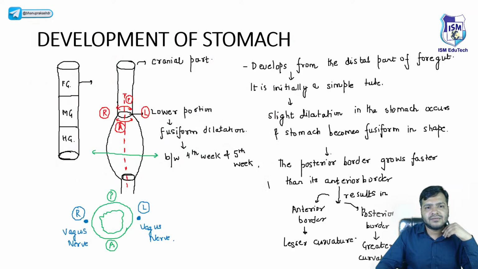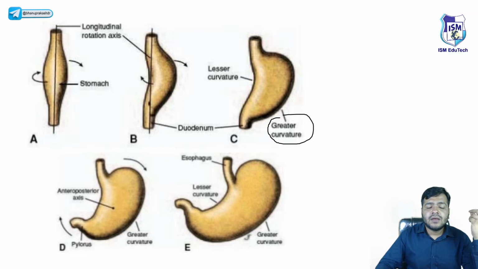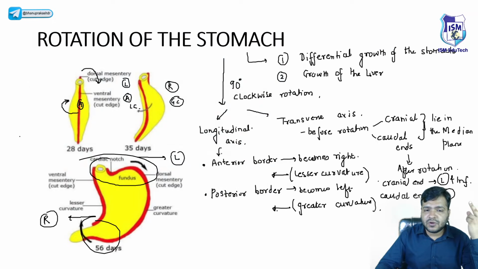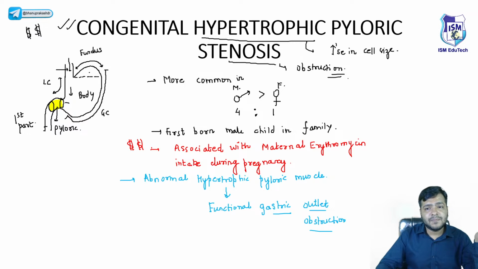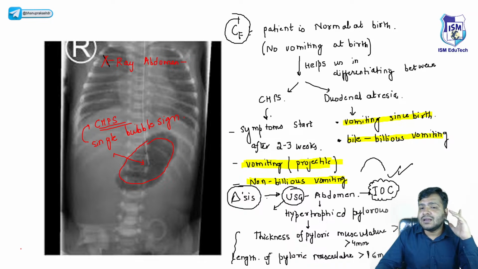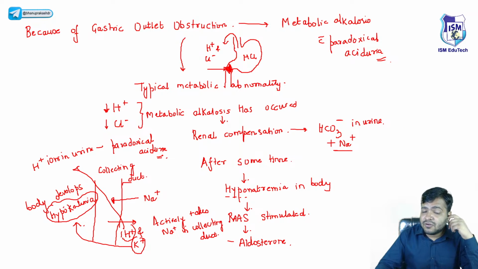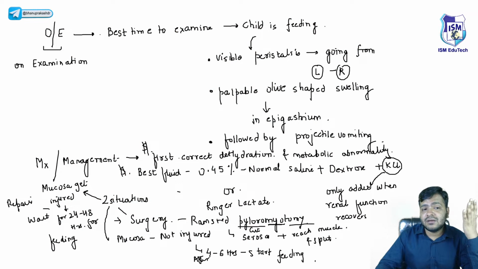We have discussed the development of the stomach, the rotation of the stomach, and congenital hypertrophic pyloric stenosis, the embryological part. We have discussed everything: the clinical features, the diagnosis, the X-ray, the physiological aspect, the examination findings, and the management in detail.